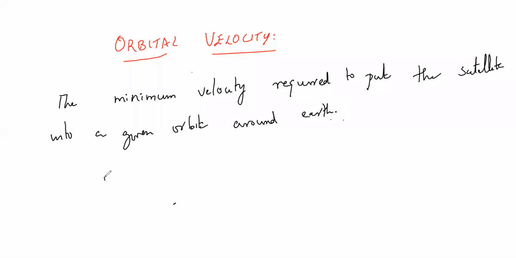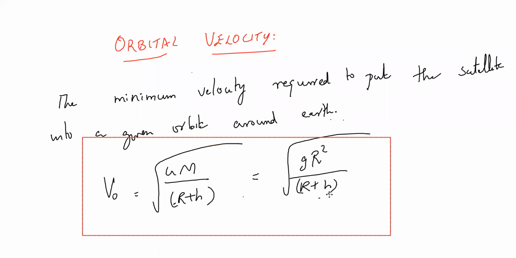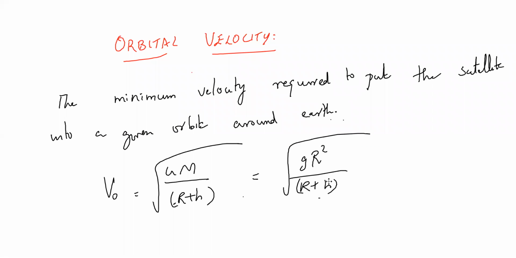It is given by V naught is equal to root of GM by R plus H. This is equal to root of G R square by R plus H. H is nothing but the height of the satellite above the surface of Earth.